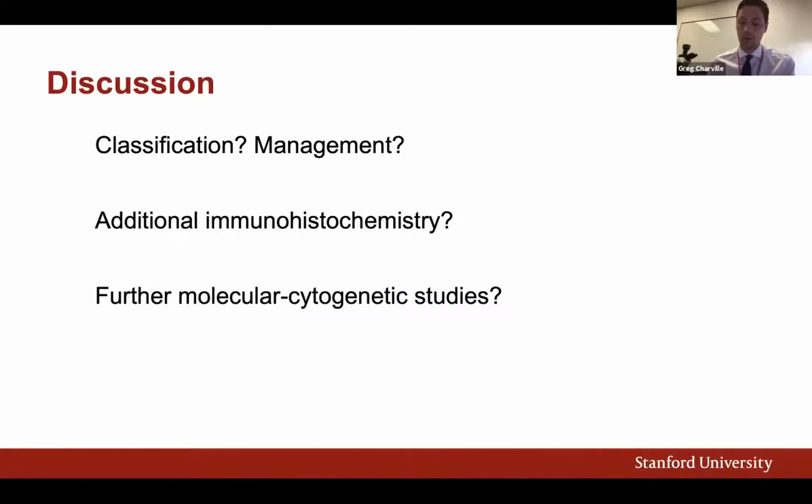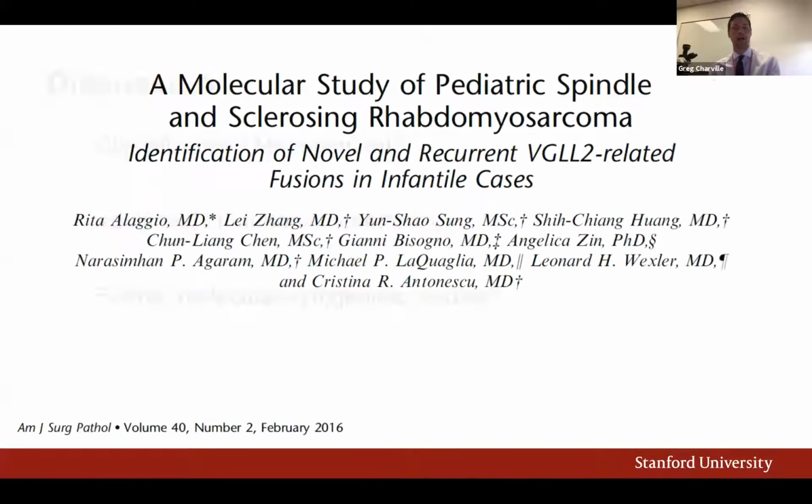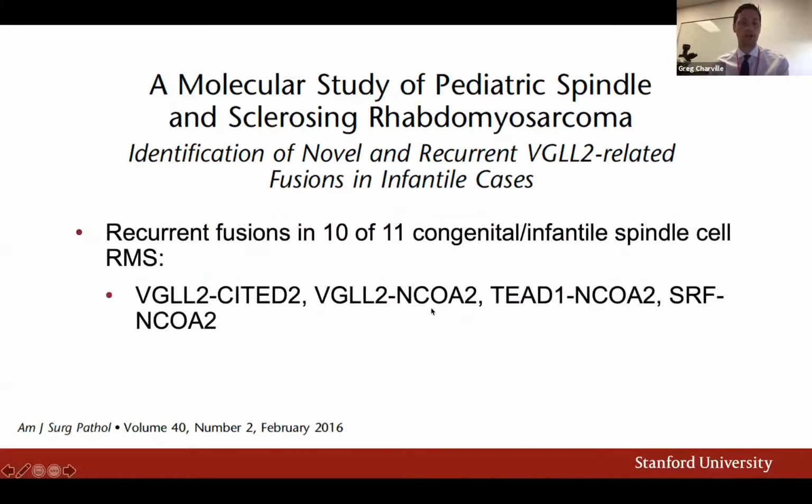So we were most concerned that this actually represented a spindle cell rhabdomyosarcoma, in particular a congenital variant of spindle cell rhabdomyosarcoma that was described in this 2016 paper, again from the Sloan Kettering group. In particular, they found recurrent fusions in 10 of 11 of these congenital-type spindle cell rhabdomyosarcomas.